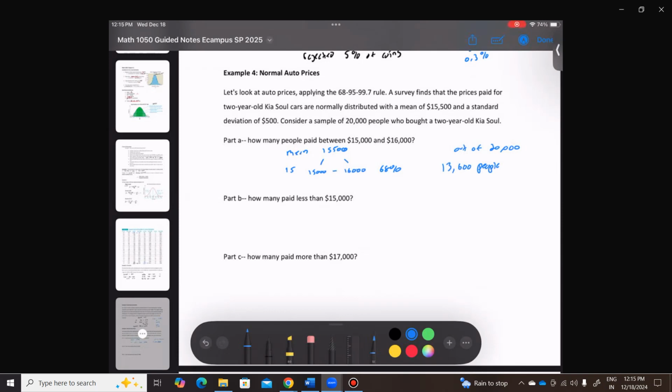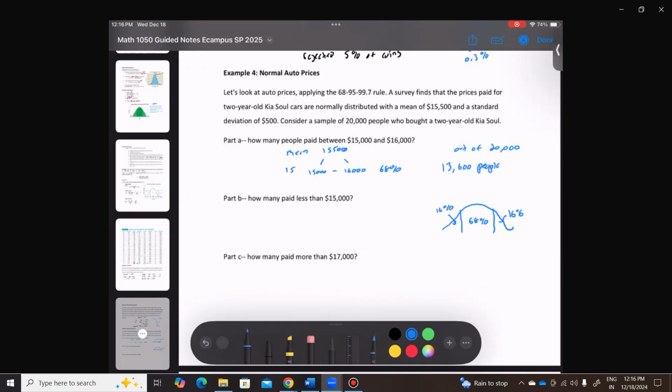Right, so again, the way this normal distribution is set up, 68% will fall in the middle, and so 32% fall either above or below, but it's symmetrical. So you have 16% above, 16% below.